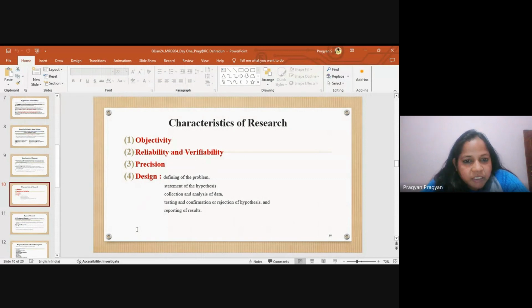First is objectivity. That means free from bias, free from error. But the problem is, in most cases we are not able to understand that we are full of prejudices and bias. Why?